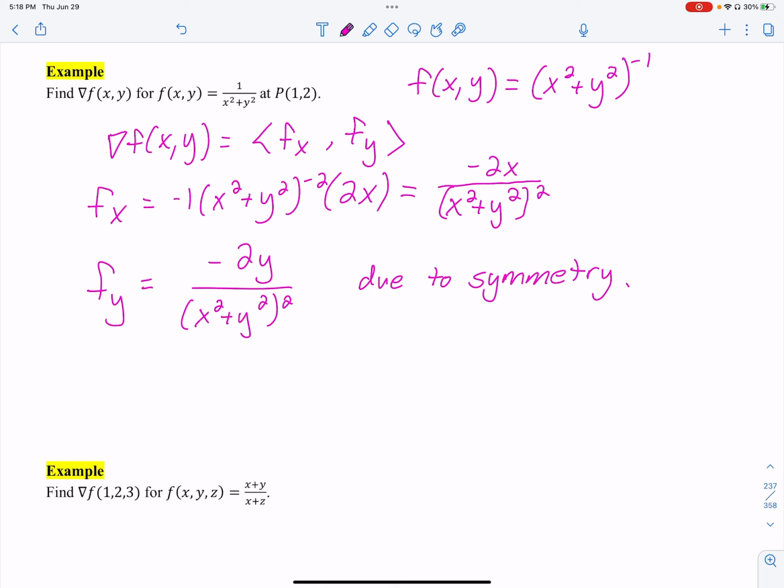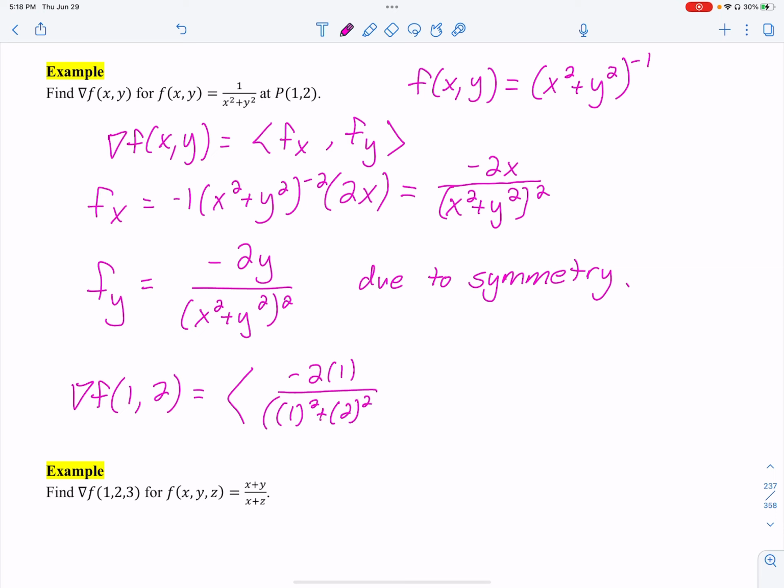Okay, so we have that, and they just want to know what is the gradient of f plugging in (1, 2). So I'm just going to plug in (1, 2) into that first function. I got -2 times 1 over (1 squared plus 2 squared), all of that squared.